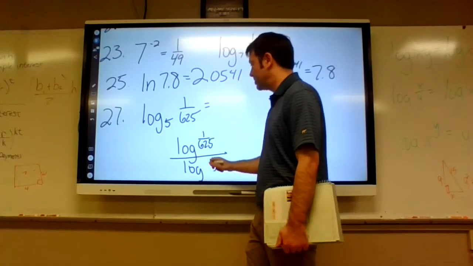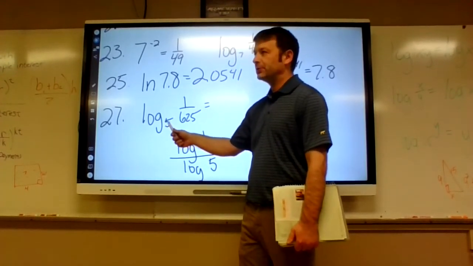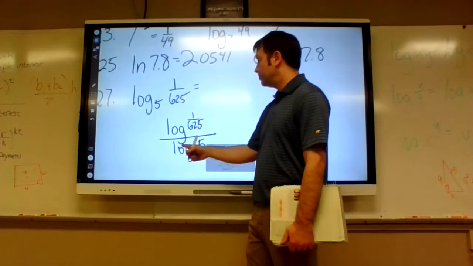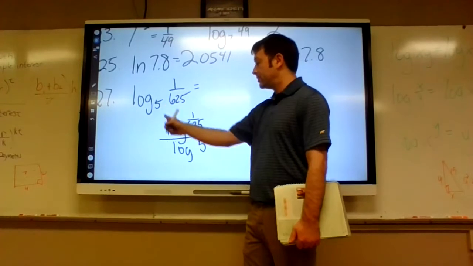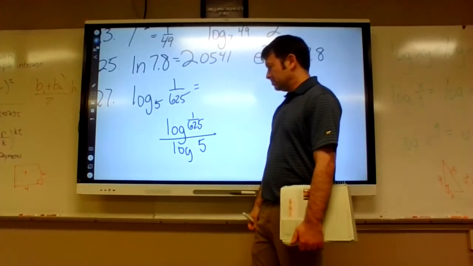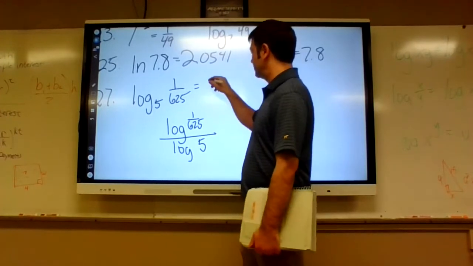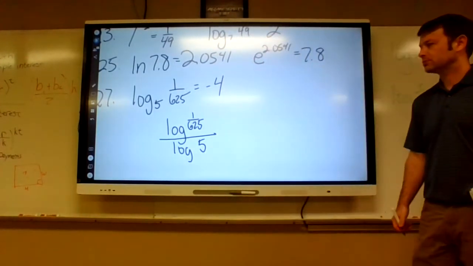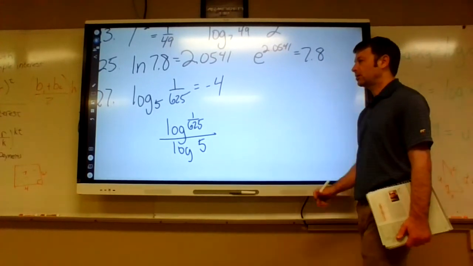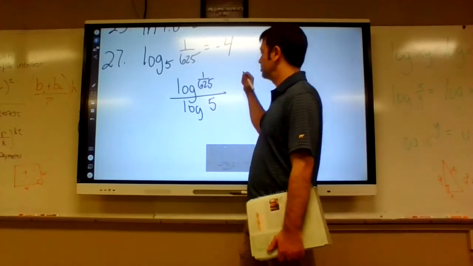Log of 5 would work. Some of your calculators have a base changer, so you could just plug that in. But if you don't, you have to do log of this divided by log of this. The answer is -4. Yeah. 5 to the 4th is 625, so 5 to the -4th is 1 over 625. But yeah, you can use your calculator on this.